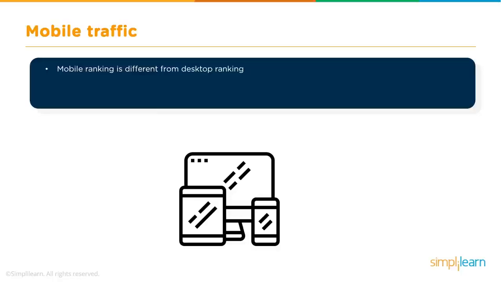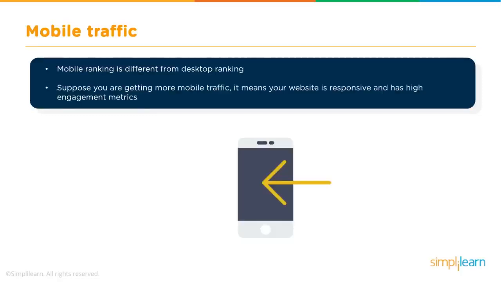So mobile ranking is different than desktop ranking because with mobile ranking, it's based on a responsive website. And with that responsive website, basically responsive being that the website's going to adapt to the mobile device. So it's going to respond to the device that somebody's on.